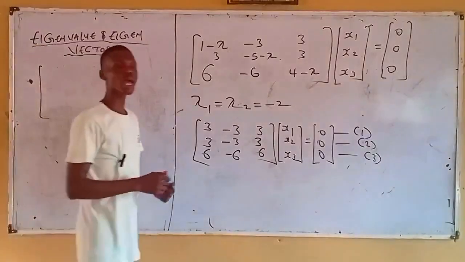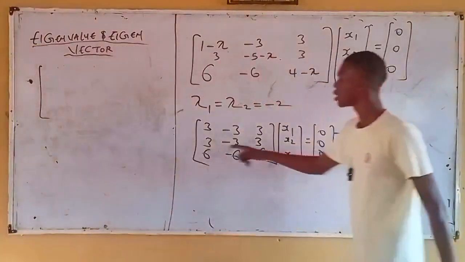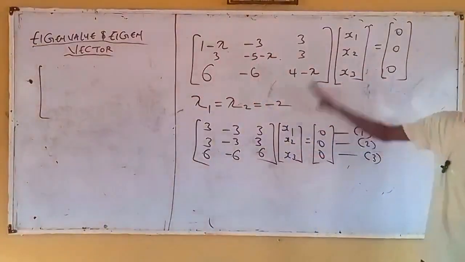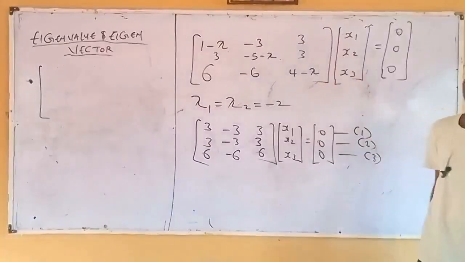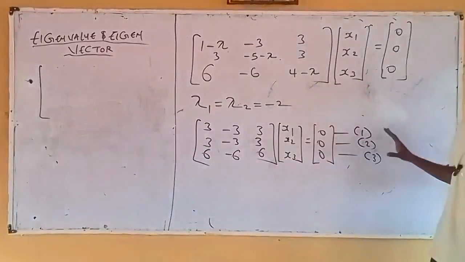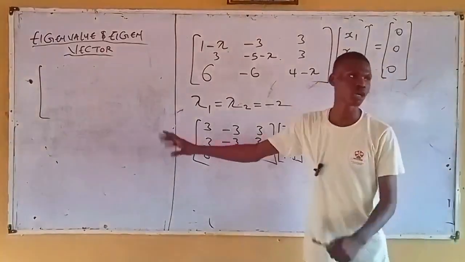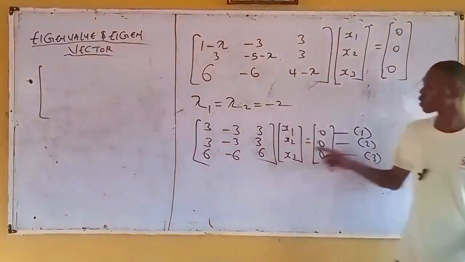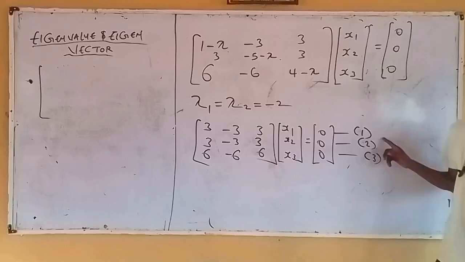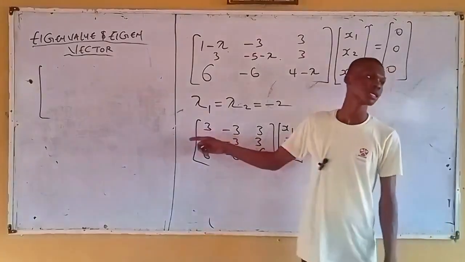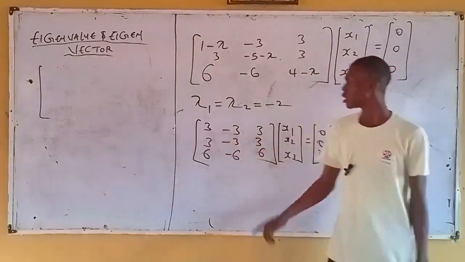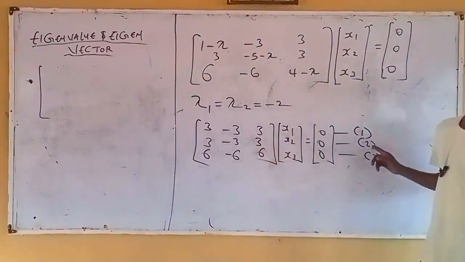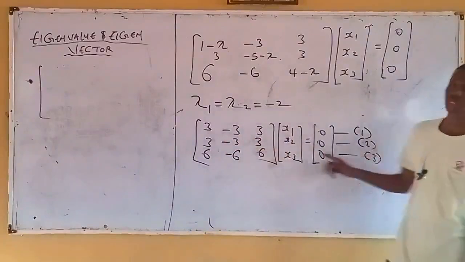From here, you can decide to work with this, or better still, just divide all through by 3. From equation 1, 3 is common, so you can divide all through by 3. Equation 2, 3 is common, you can divide all through by 3.